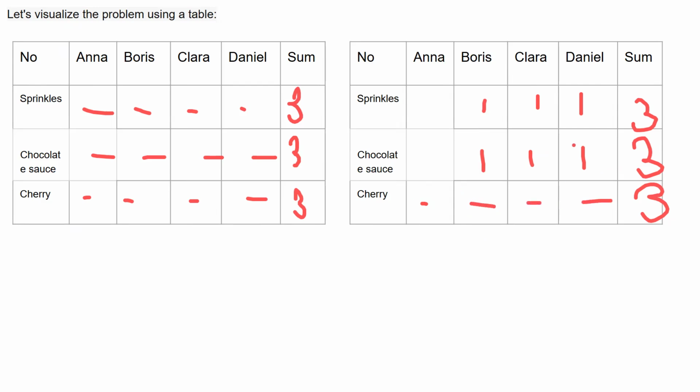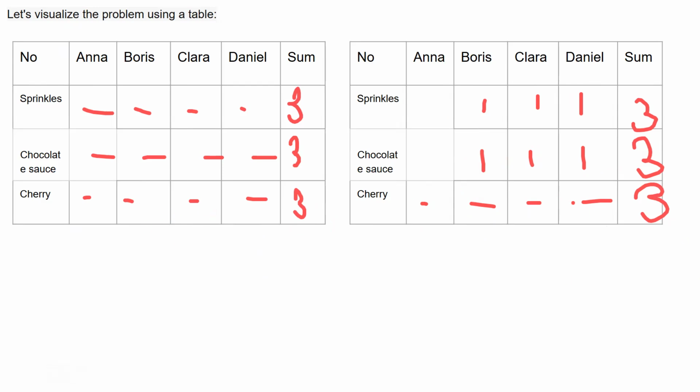This is a data table. So what do we know now? We know that Boris, Clara, and Daniel all had sprinkles. Boris, Clara, and Daniel all had chocolate sauce. So let us move ahead a little more. Now, what else do we know?